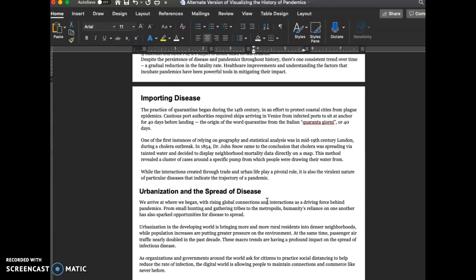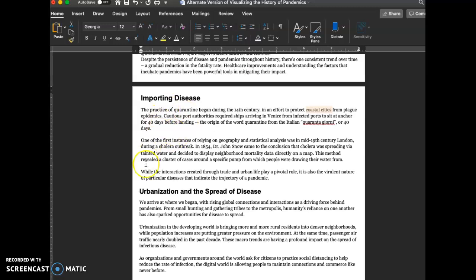Importing diseases. The practice of quarantine began during the 14th century in an effort to protect coastal cities, so cities near the water, near the oceans, from plague epidemics. Cautious port authorities required ships arriving in Venice from infected ports to sit at anchor for 40 days before landing.